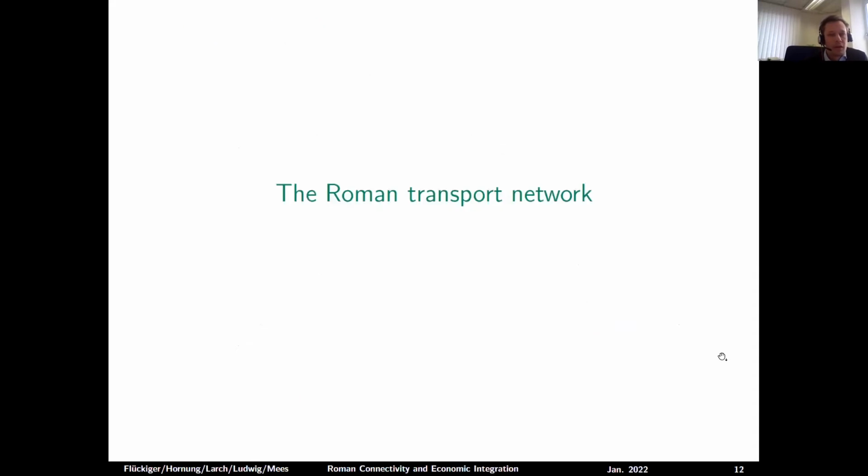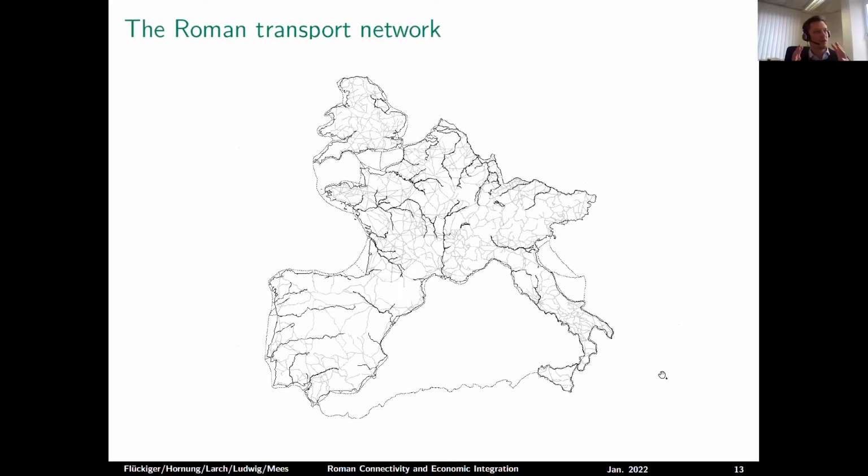So next step is the network. So how do we connect data with the network? So we created for the region of interest. So this is not the entire Roman Empire, obviously. We focus on Western Europe, largely because of data constraints on the Terra Sigillata side, but also on the contemporary modern data. So this is the geographical focus of our analysis.